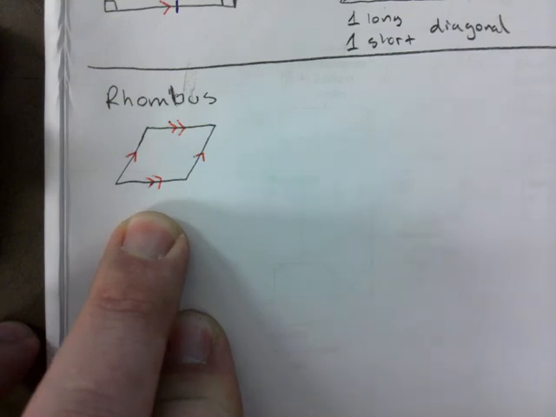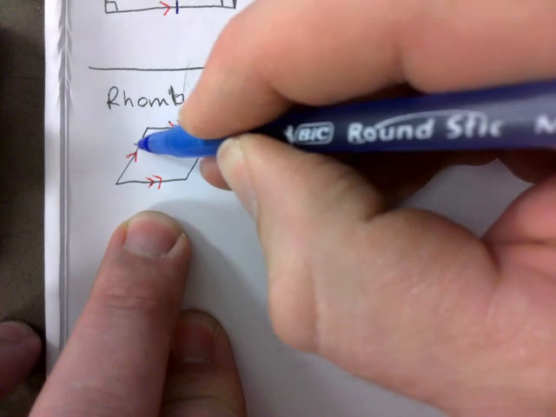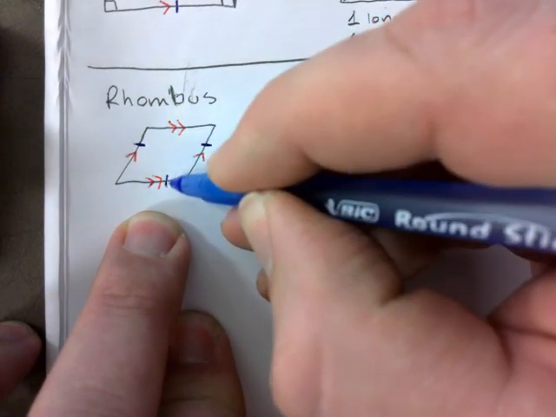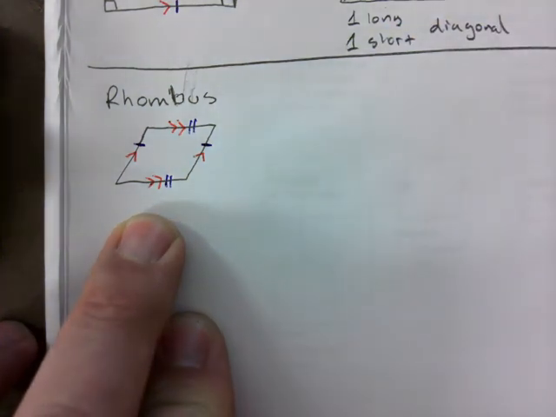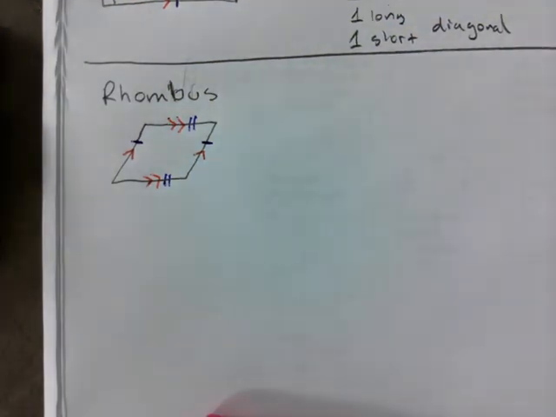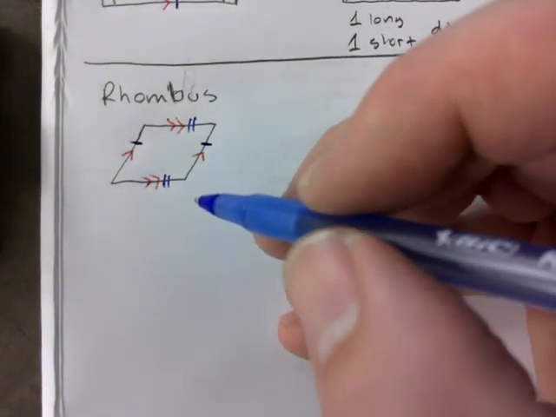Property number 1. Property number 2 is that this side measures the same as that, and that this side measures the same as that. You got to make sure that if things are measuring different, that, oh, sorry guys. You know what's wrong with that, right? I just made the mistake that I was going to tell you not to make.